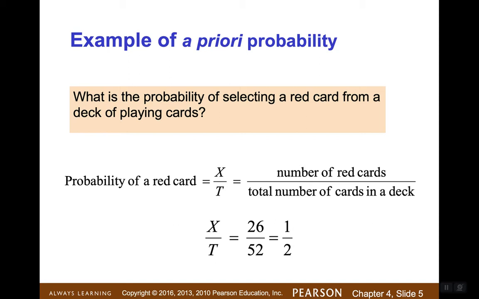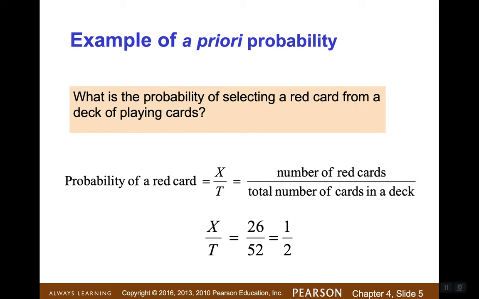We'll use an example here: take a deck of playing cards. 52 cards in total. 50% of them are red, 50% of them are black, and then each suit makes up a quarter. Diamonds and hearts are red, and clubs and spades are black. So there would be 25% of each one if you were going to look at a heart or a spade or whatever.